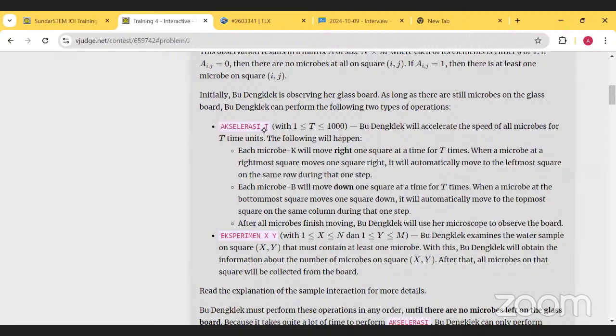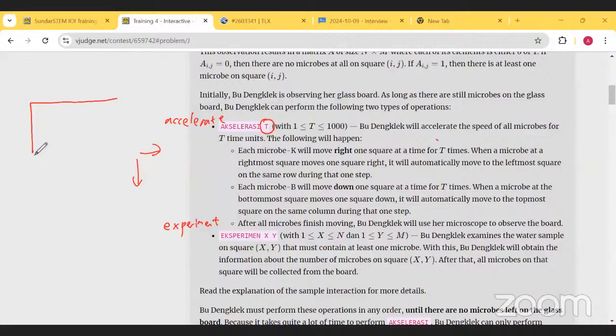So this means accelerate, and this means we do an experiment. Basically all of the microbes are not moving, but if we accelerate, then all the microbe K will move to the right, and all the microbe P move down, and we can accelerate T times, so they move to the right T times, and move down T times.